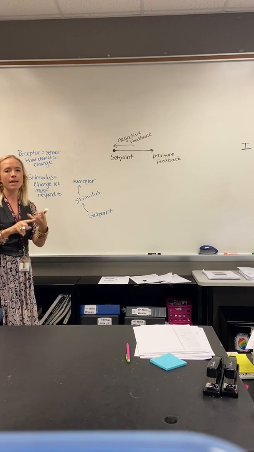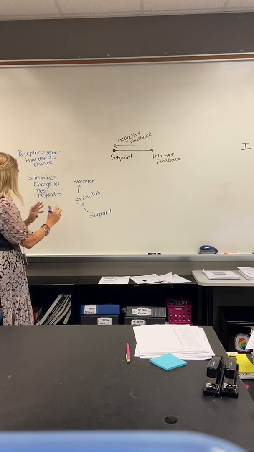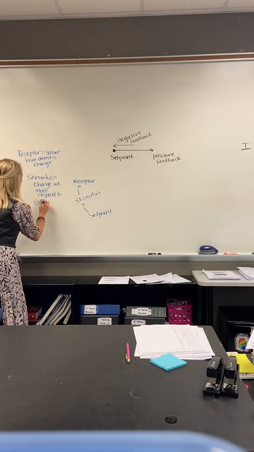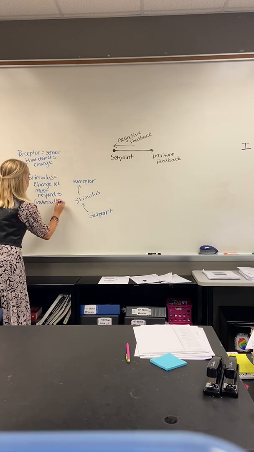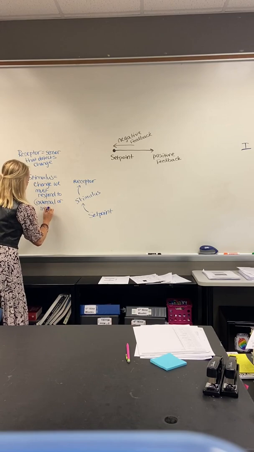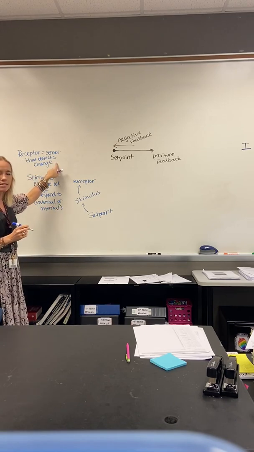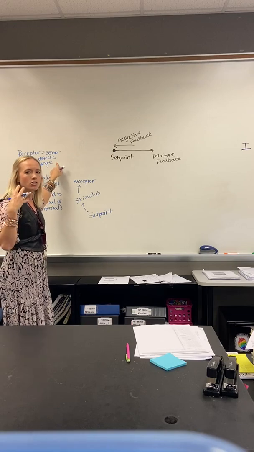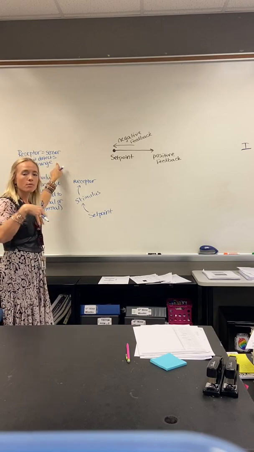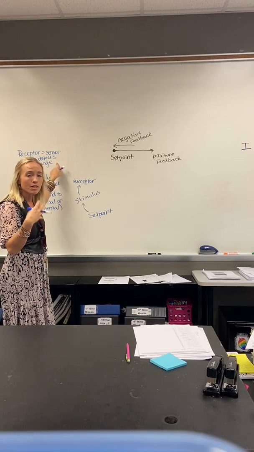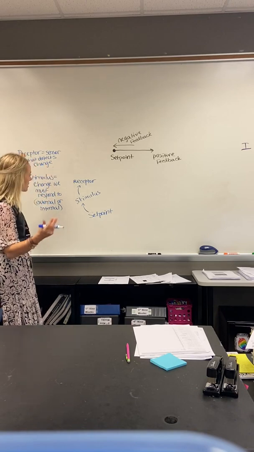Blood pressure, pH, blood sugar levels. So this can be external or internal. Your receptor that senses it could be your eyes, your ears, but it could also be baroreceptors that are in your arteries, your blood vessels, things like that.